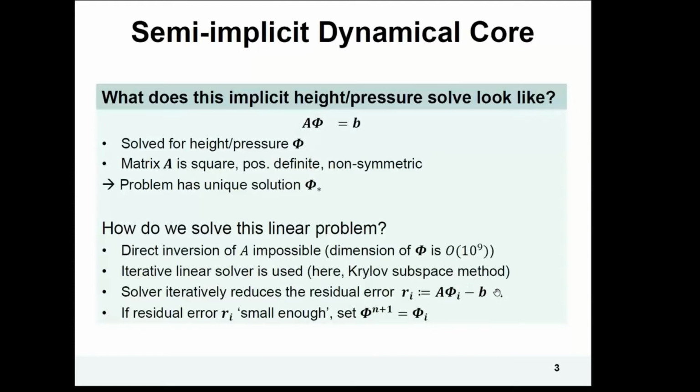What the iterative solver tries to do is reduce the mismatch in the linear equation, so it tries to reduce this R_i, the residual error. And if you deem your residual error small enough, usually via some kind of exit condition, you take your fluid thickness of this solver iteration and set this as your new fluid thickness or pressure at the next time step.